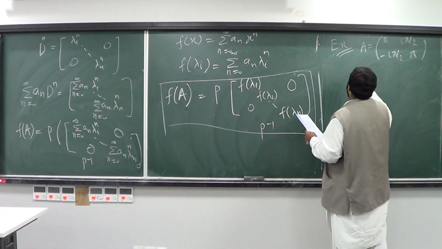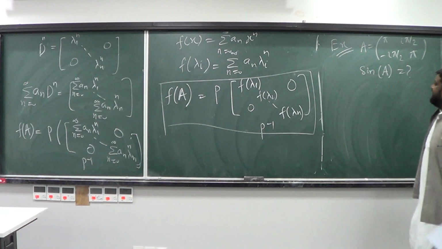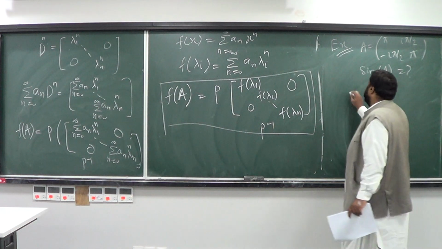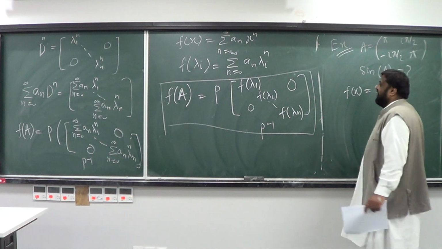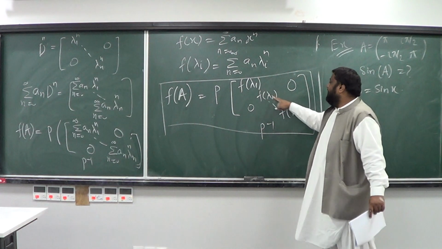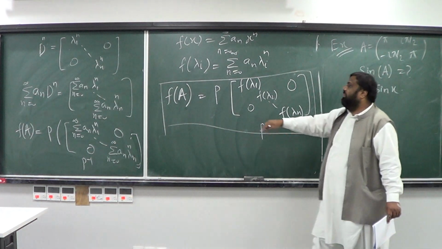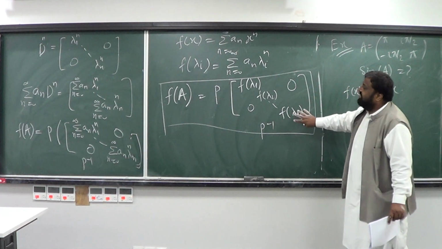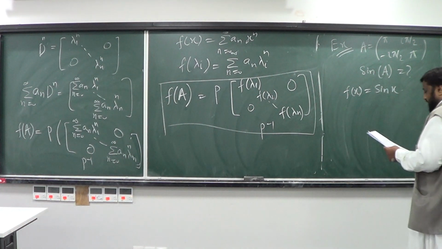And I have been asked to calculate the matrix sine A. So for this recipe, first we need to recognize that my function f of x is sine x. I need to compute the eigenvalues of the matrix A and eigenvectors so that I can make the matrices P and P inverse. And then substituting values here and multiplying the matrices would give me sine A. So let's do it.